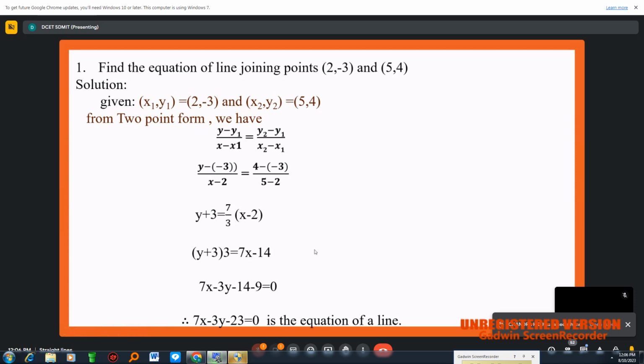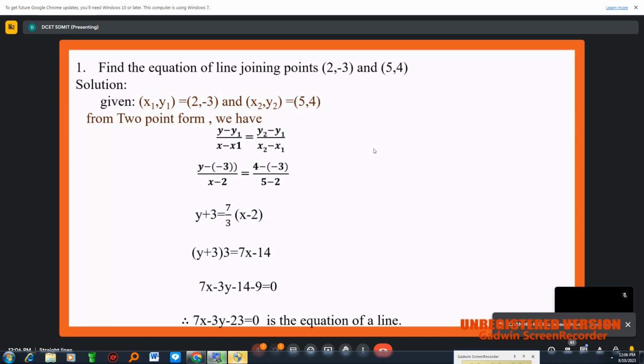So next, can you recall all the topics that we completed today? First we discussed the straight line and then we went to the slope, right? If the angle is given, how do we find the slope?